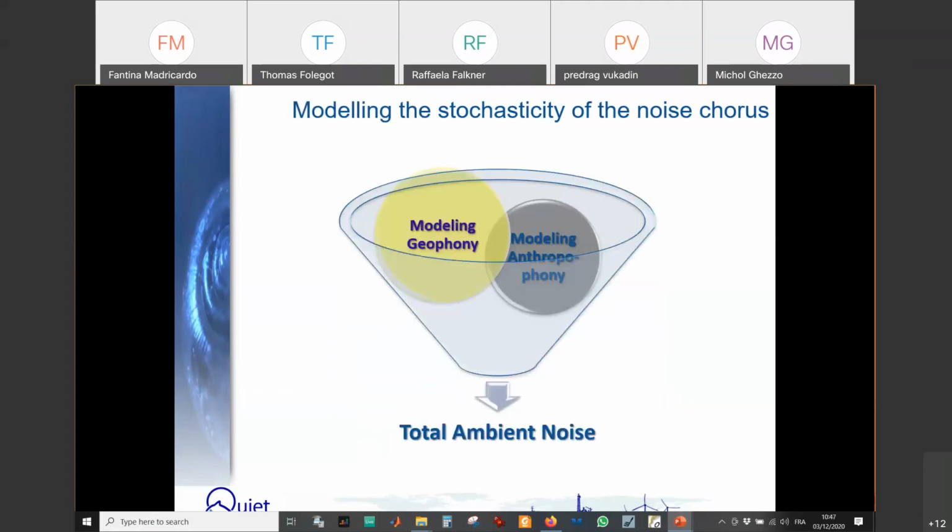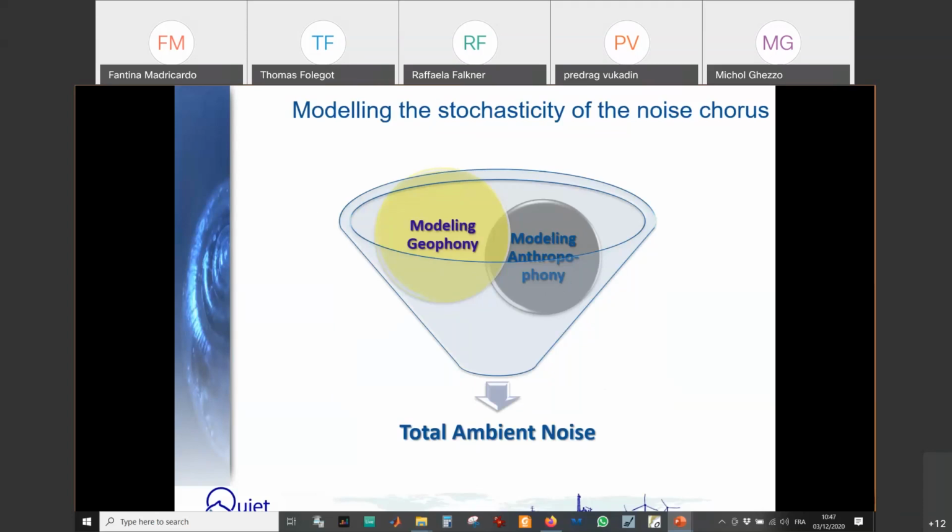What we do in the modeling of the map is we model the natural noise. So not all sources of natural noise, but we do model the noise that is generated by the wind and the waves. And we do model the noise from human activities, as long as we know the activity.